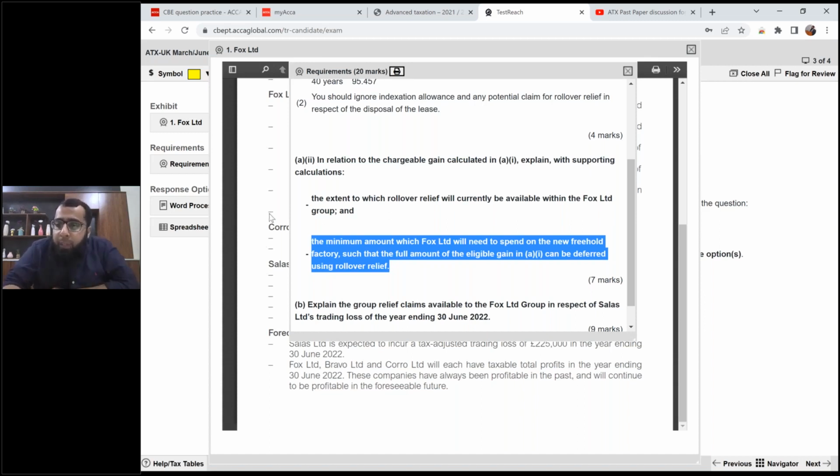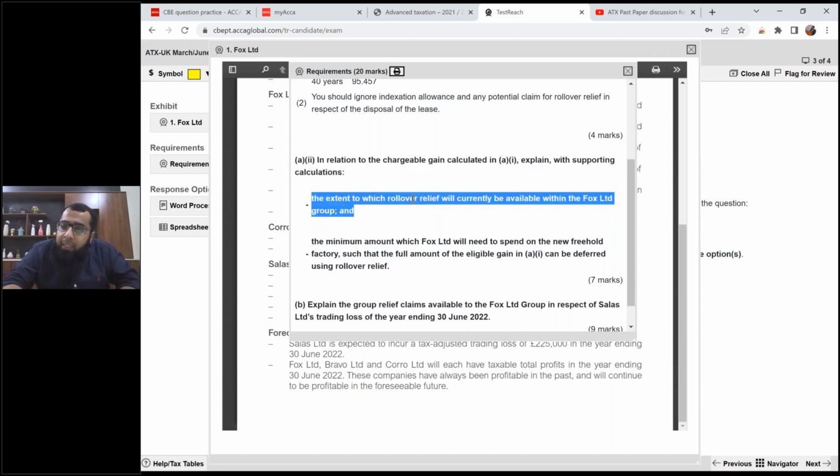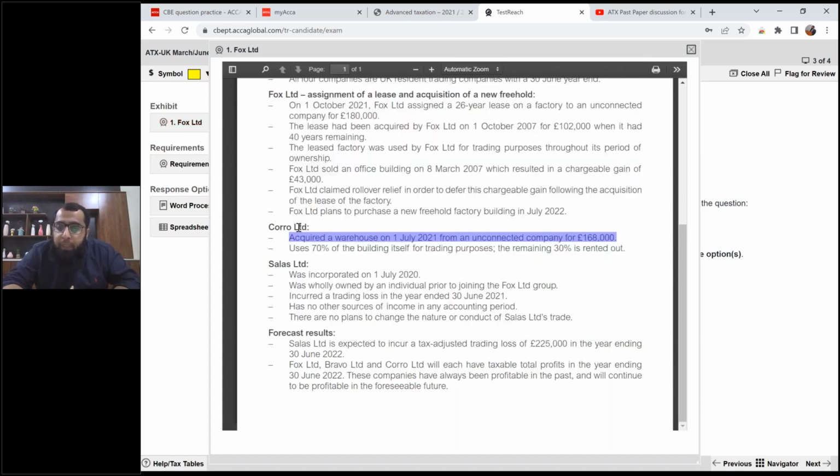But just giving you a brief, what you need to understand is, in relation to the chargeable gain calculated in Part A1, explain with supporting calculation, number one, the extent to which rollover relief will be currently available. How much rollover relief is currently available, because a group company, Coro Limited, is making a reinvestment?